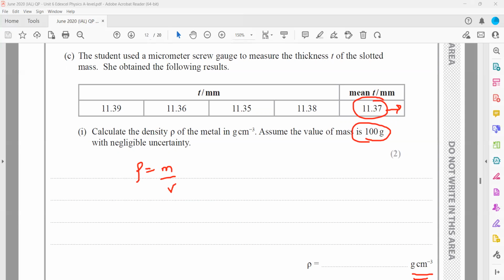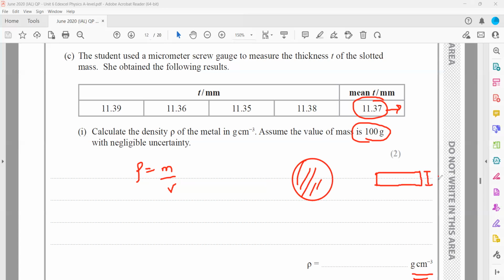Now, how can we work out the volume? Volume is actually, when we look from the top, a 2D area was there. But if we look from the sideways, how will this slotted mass appear? It will appear like this.